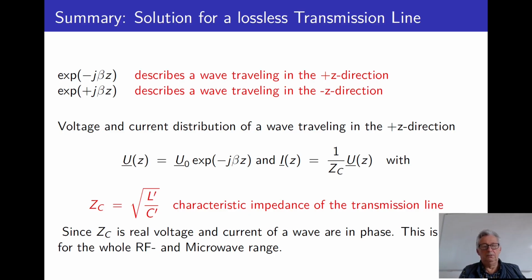Since the characteristic impedance of the transmission line has a real value, there is no phase change between the voltage wave and the current wave.